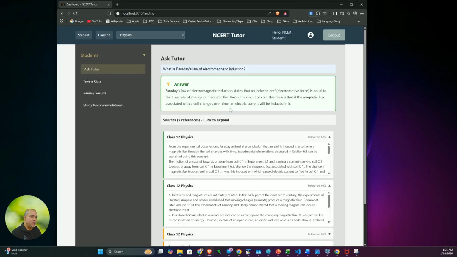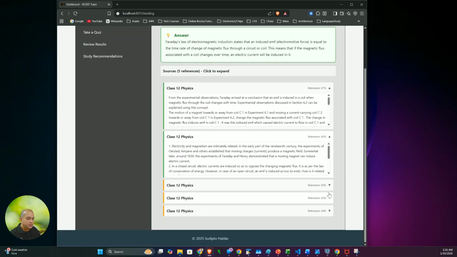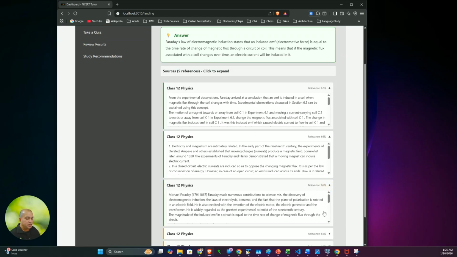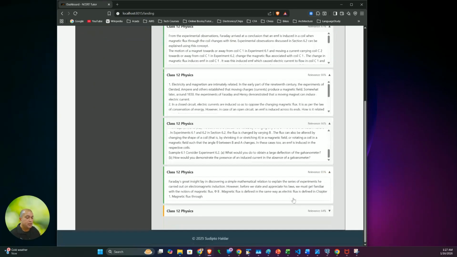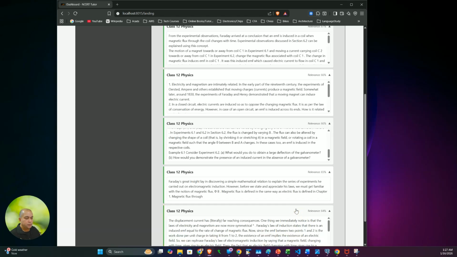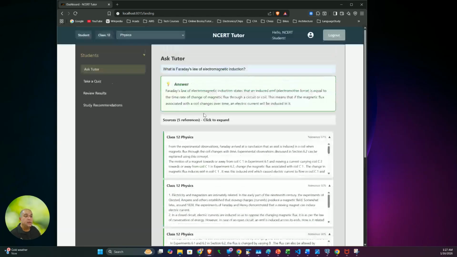To provide the final answer, the SLM refers to the sections in the curriculum that cover the same concept that the question is asking about. As you see, there are 5 different sections or chunks that this particular model has referred to. And the student can actually check these sections to see which part of the curriculum covers this particular concept.